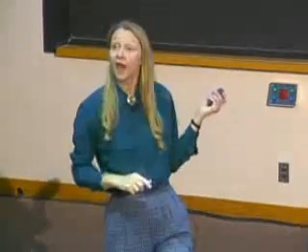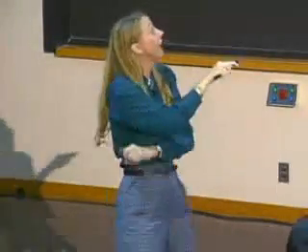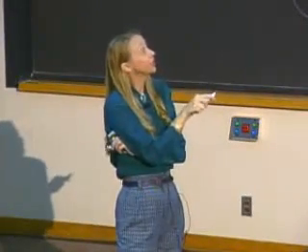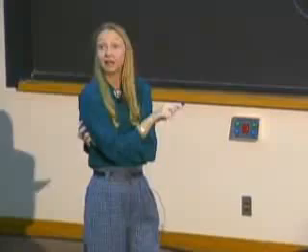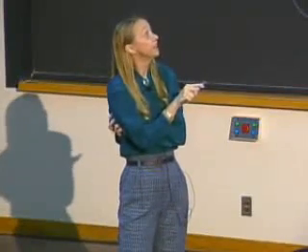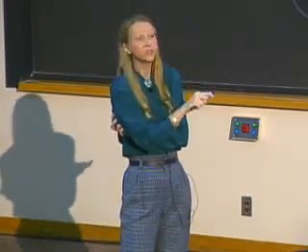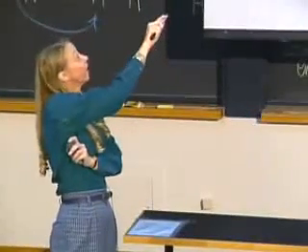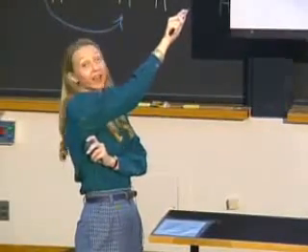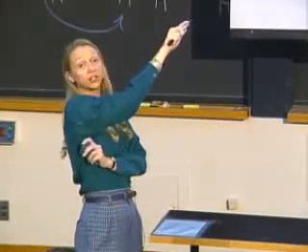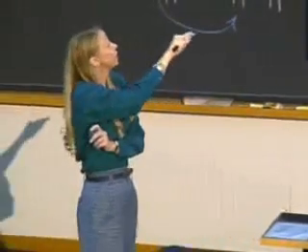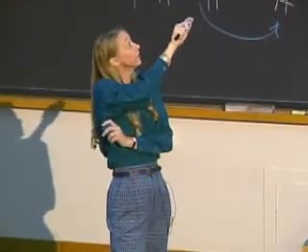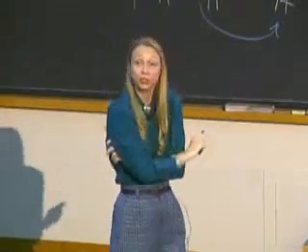We can do that if the molecule absorbs a photon, right? And the energy of that photon has to be equal to the difference in the energies of these two states. So if the final energy of the V equals 1 state, that's the final state, is 3/2 h nu, and the energy of the initial state was 1/2 h nu, then the difference in energy between the states is h nu.